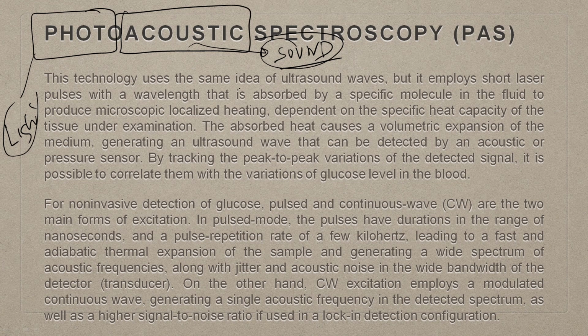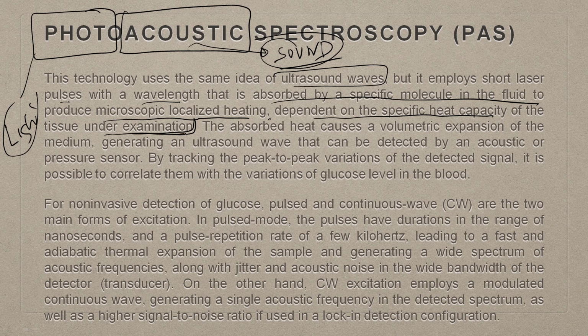The technology uses the same idea of ultrasound waves, but it employs short laser pulses with a wavelength that is absorbed by a specific molecule in the fluid to produce microscopic localized heating dependent on the specific heat capacity of the tissue under examination.